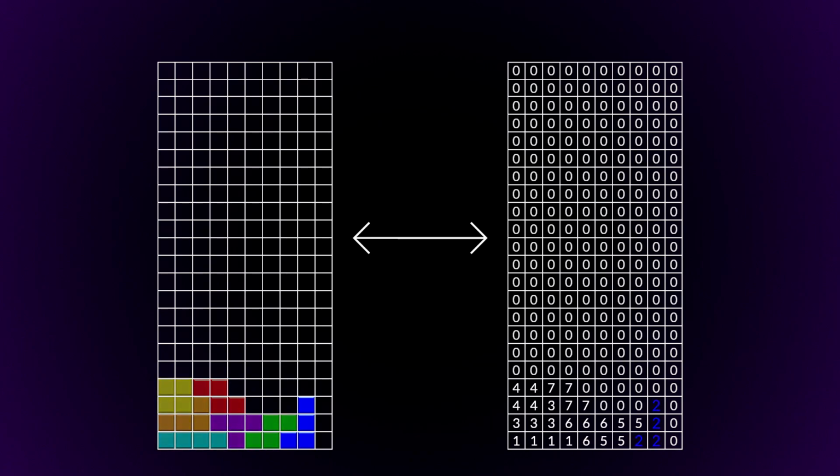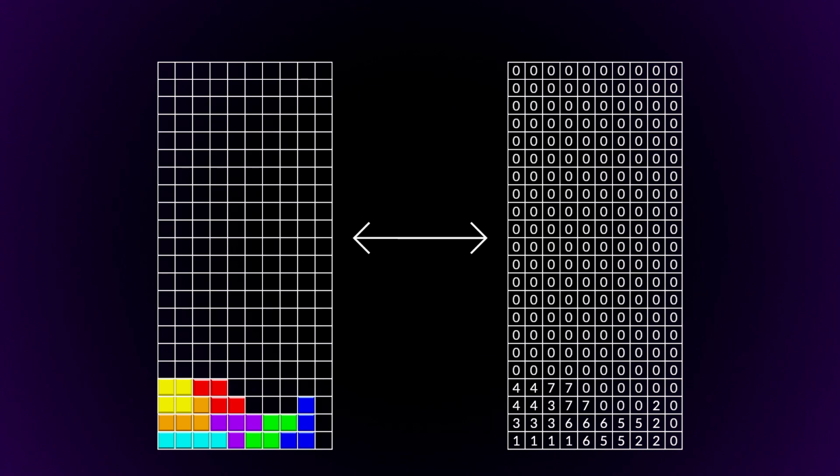A blue tile has value 2, an orange tile has value 3, a yellow tile has value 4, a green tile has value 5, a purple tile has value 6, and finally a red tile has value 7. Note that the current block, the one that can still be controlled by the player, is not reflected in the array. It will be stored separately, as you will see in a minute.